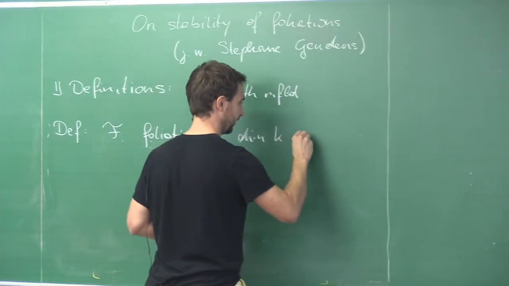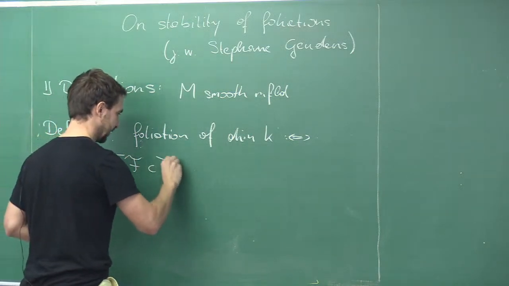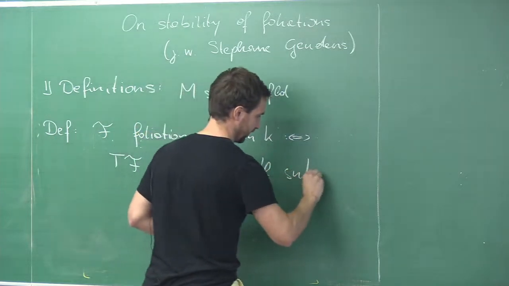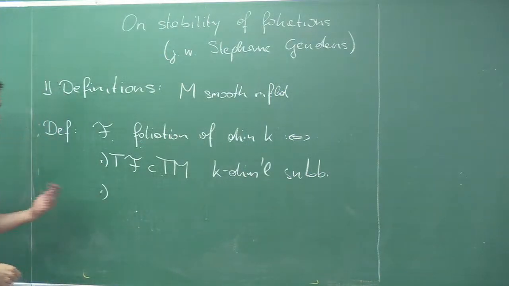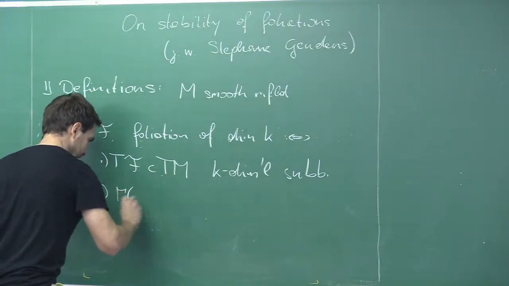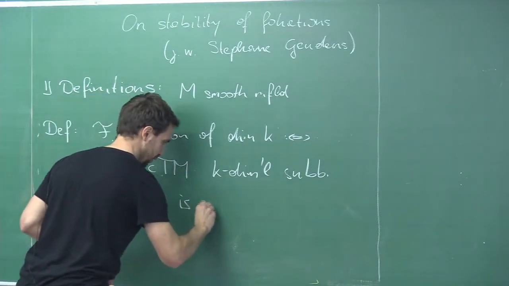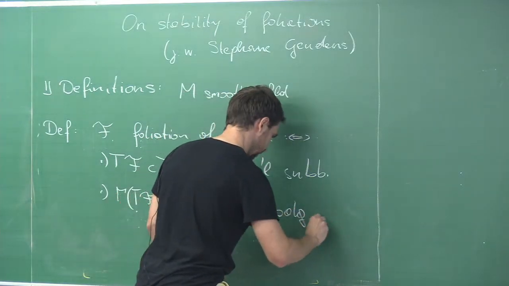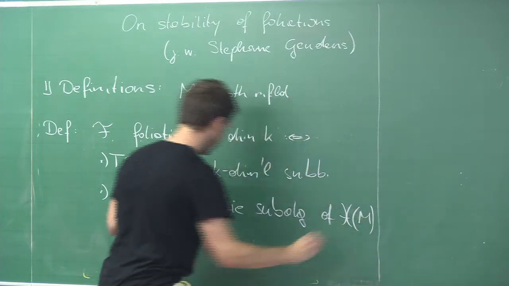That is a k-dimensional subbundle of the tangent bundle, such that if we look at the sections, we have a Lie subalgebra, with the Lie bracket restricted to the sections, of the vector fields on M.